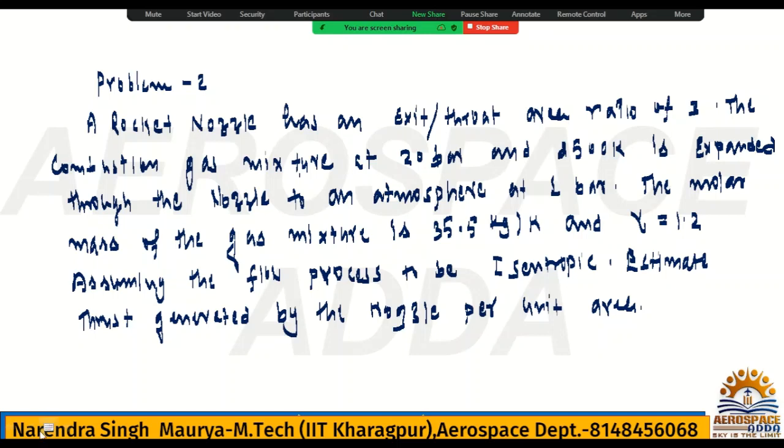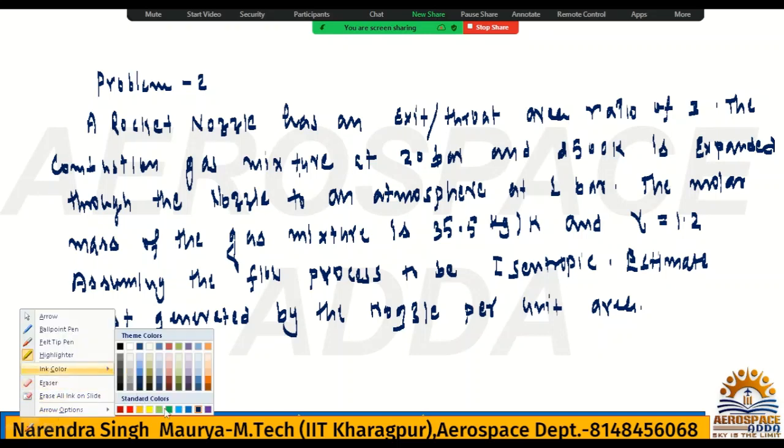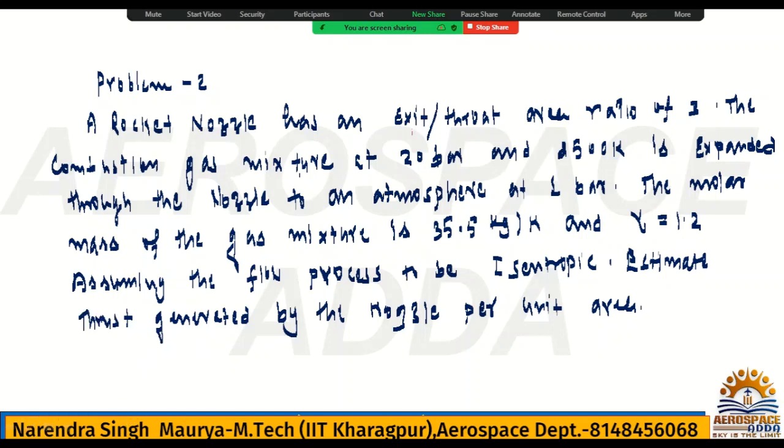Okay, now if you check, mark all the given data. The exit throat area ratio they have given is 3. Combustion gas mixture pressure they have given 20 bar. Temperature they have given 2500 Kelvin, expanded through the nozzle to an atmosphere, and that atmospheric pressure also they have given 1 bar. The molar mass of the gas mixture they have given, so we find the characteristic gas constant, and gamma value they have given to us.